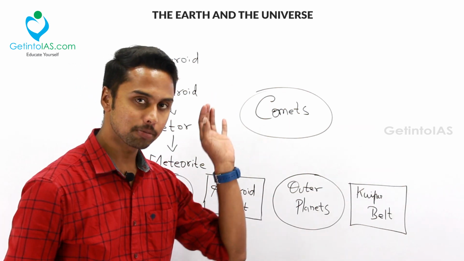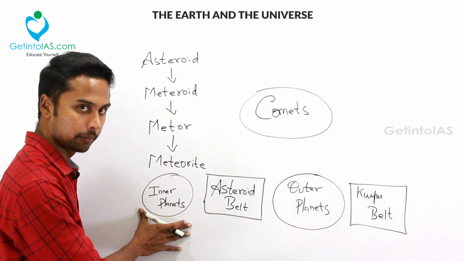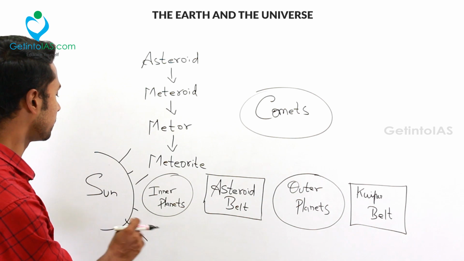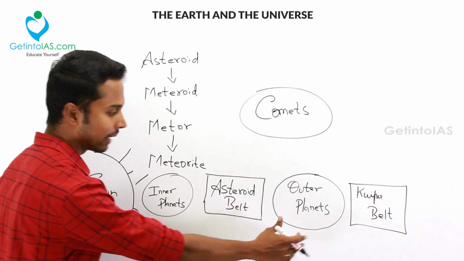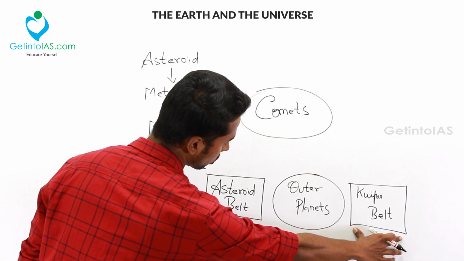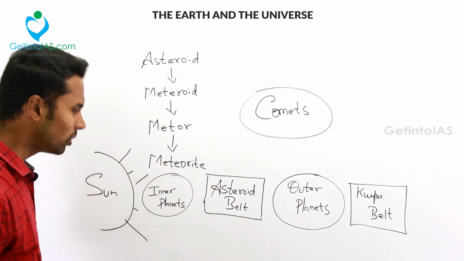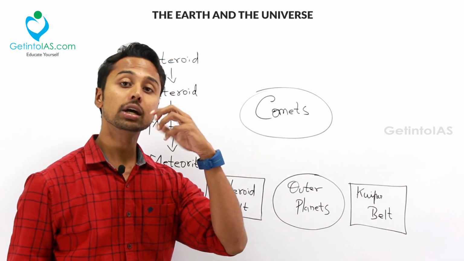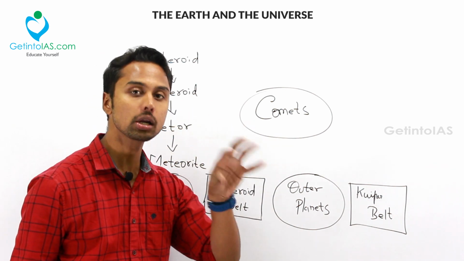While explaining the first picture, I told you inner planets are there. The Sun is here, I'll draw the Sun also. Inner planets, 4 planets are here, and the asteroid belt is here, and the outer planets or the Jovian planets are here, and the Kuiper belt is there. Since the asteroid belt and Kuiper belt contain irregular rocky or metal structures, they are irregular in shape.